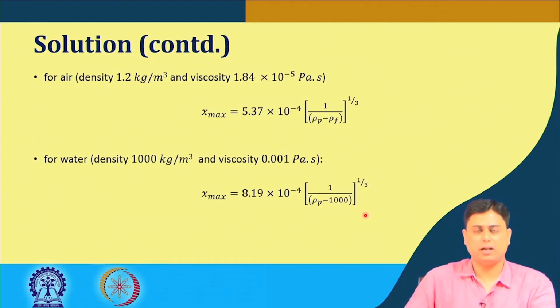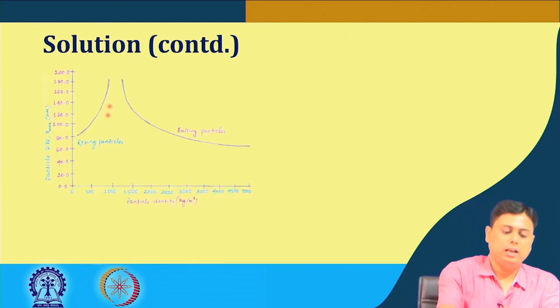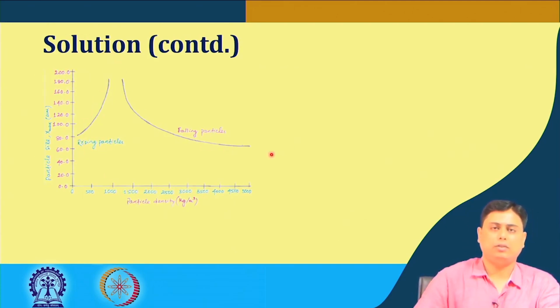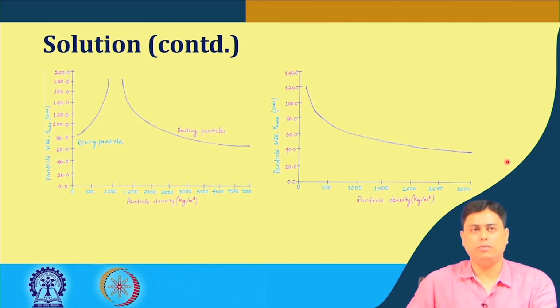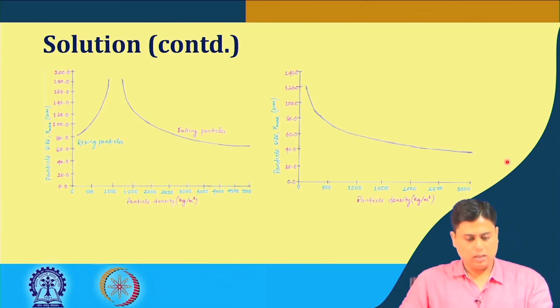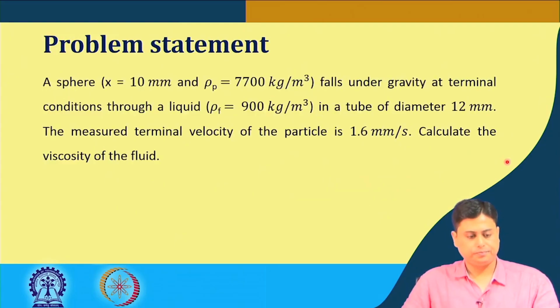This is the lighter particle, lighter than water. That is why until 1000 you get a rising particle curve, and after 1000 you get a falling particle curve, which is similar in trend to air but differs in magnitude. So this was the last problem that we solved.